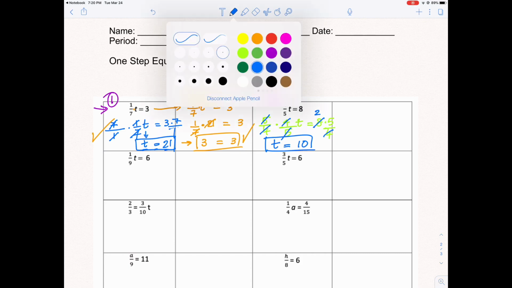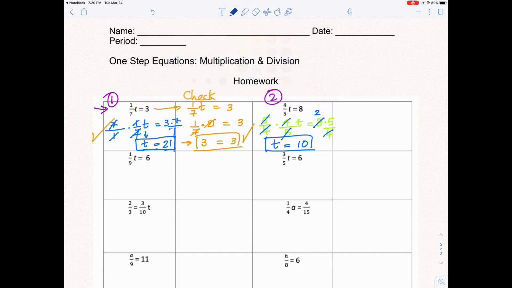Next step is to check your work. To check your work, you have to substitute into the original equation. T is 10, this is multiplication here, equals 8. Now if you're confused about a fraction and a whole number, you know the trick: you can put a 1 at the bottom and make it a fraction.